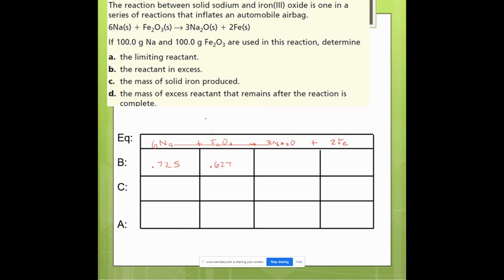So now I'm going to take these up into the cloud. I've got two clouds here. I've got my Fe2O3, and I've got my sodium cloud here. My sodium cloud, I need to divide this by 6. When I do that, I get 0.121. This guy, when I divide it by 1, is 0.627, which means that sodium is my limiting reactant because it has the smaller amount in the cloud.